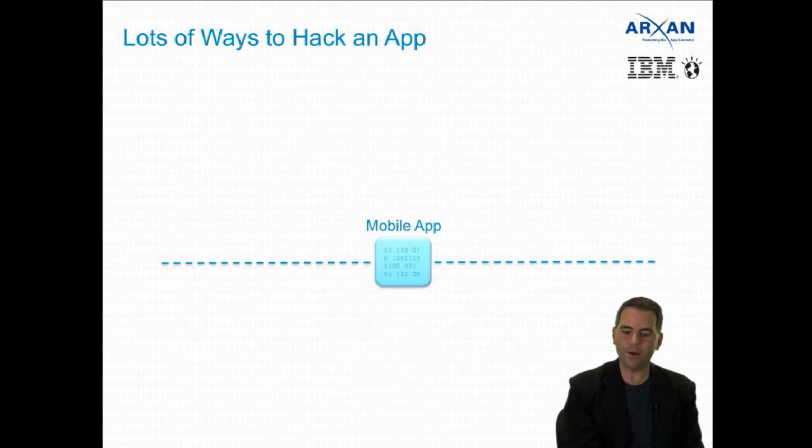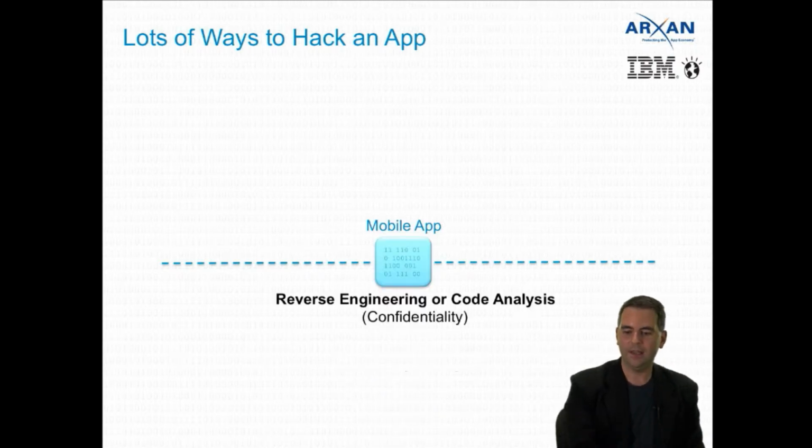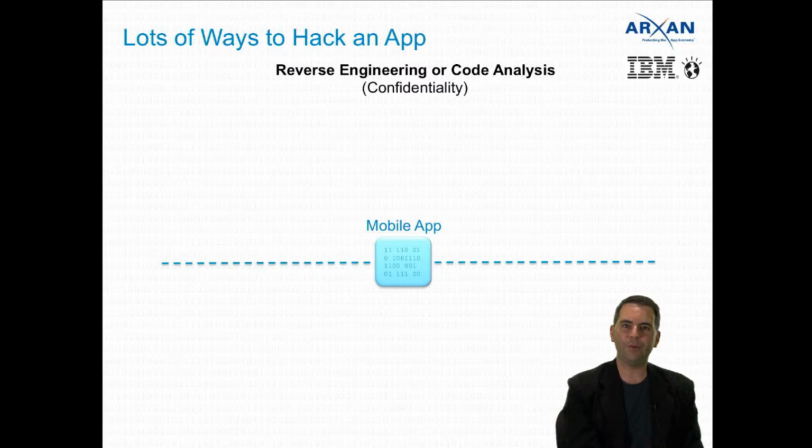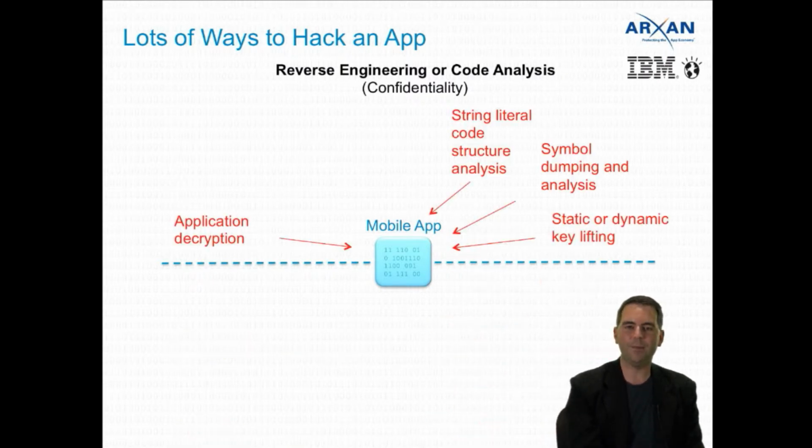So here we have our mobile app, and as discussed earlier, we have the risk of reverse engineering. If we look at some of the common attack vectors for reverse engineering, the first thing we're going to do is bypass the Apple code encryption, which is provided on all iTunes Store applications.